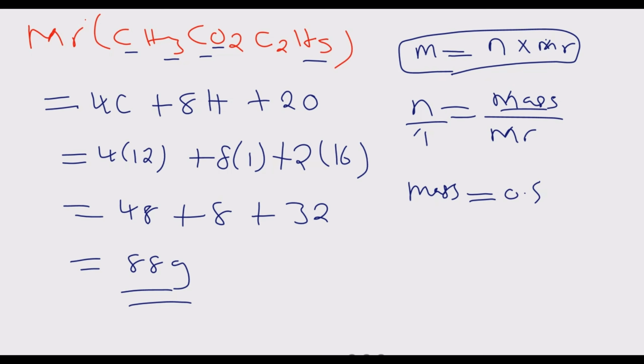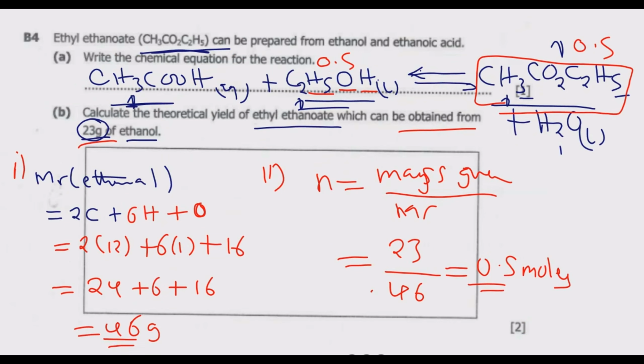Remember, from what we've done here already, we calculated that these 23 grams are 0.5 moles. So if you use 0.5 moles here, we need to produce 0.5 moles because of the mole ratio of 1 to 1. Similarly, we need to find the mass of this 0.5 moles.